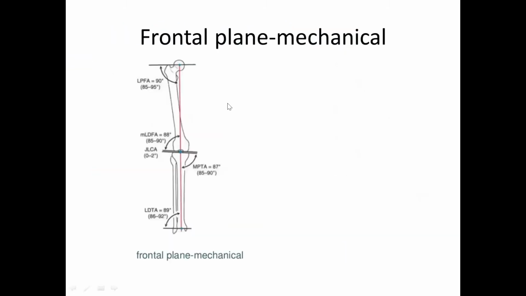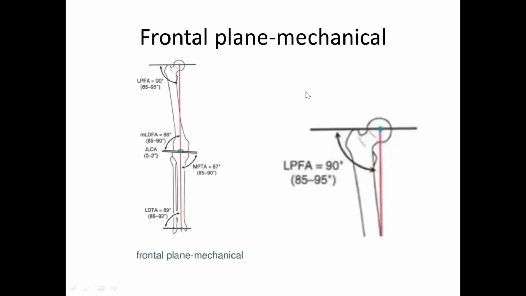In the frontal plane, what are the angles? We know it. Around the hip joint, the plane of the hip joint with the mechanical axis gives the LPFA, which is around 90 degrees. It ranges from 85 to 95.